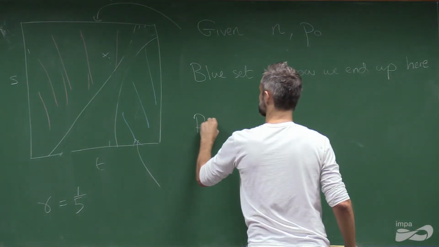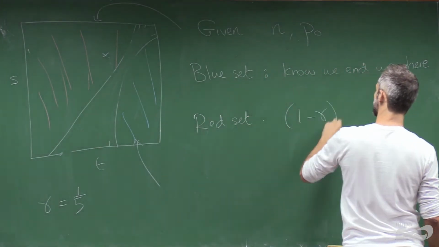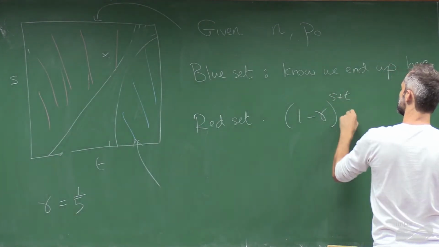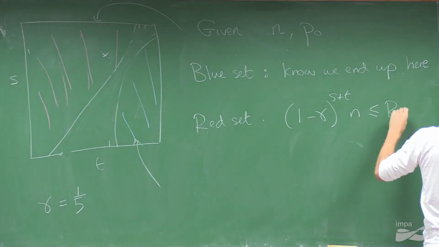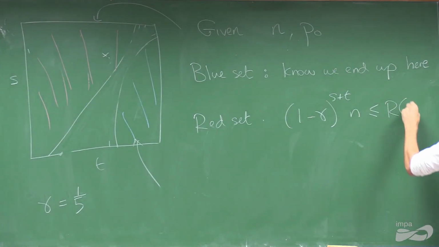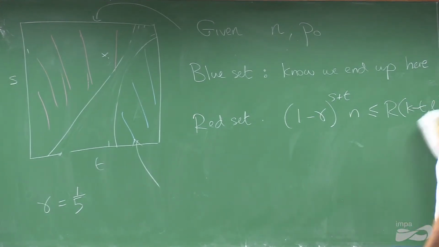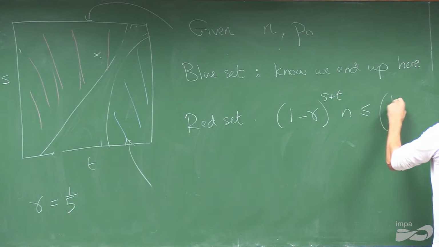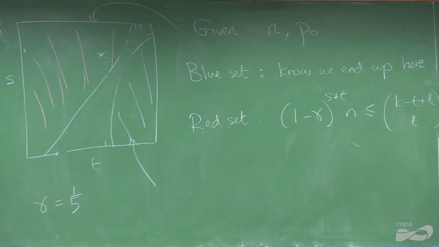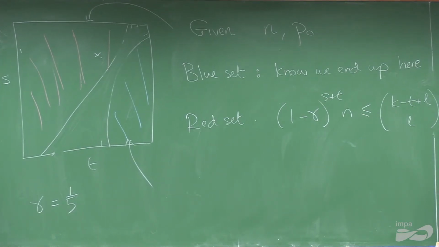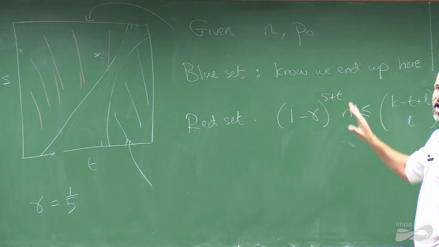The red set corresponds to (1 minus gamma) to the S plus T times n being at most whatever bound on the Ramsey number that we have. But let's just use for now the Erdős–Szekeres bound. And as you say, both these sets depend on n.